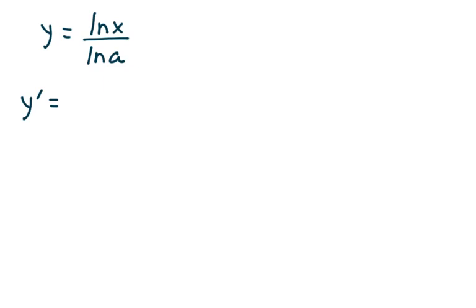Okay? Now, y prime is 1 over the natural log of a, that's just a number, and I'm going to multiply by the derivative of natural log of x with respect to x. But the derivative of natural log of x with respect to x is 1 over x.